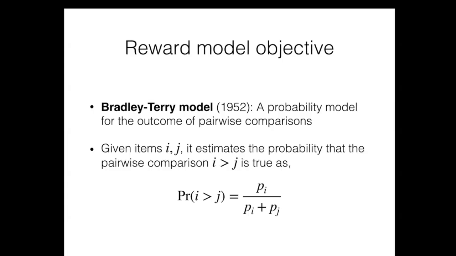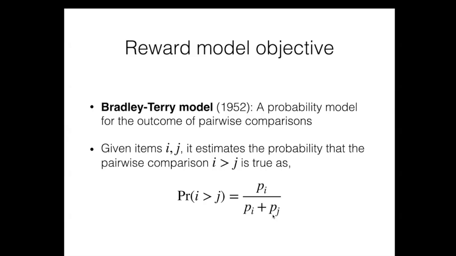There's this classic probabilistic model called the Bradley-Terry model, and it's a model for the outcome of pairwise comparisons. It's a really simple model, and it says, given two items, we assume that the probability of the preference rating i being greater than j is of this form, which is basically a simple fraction.